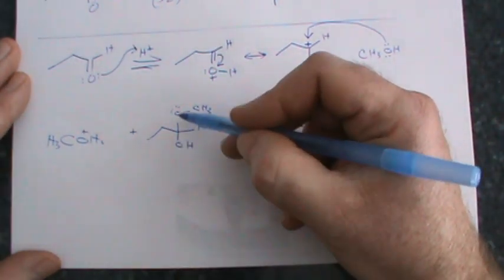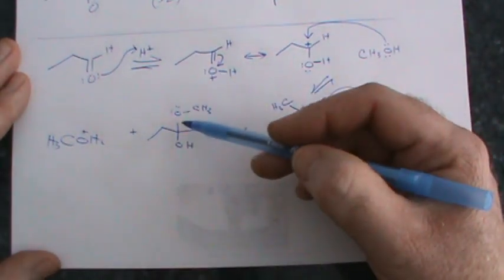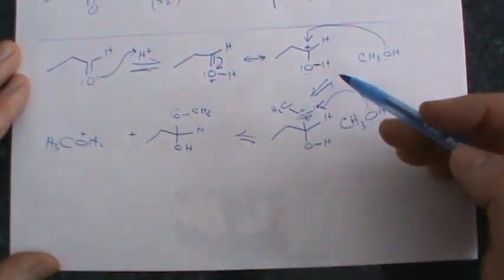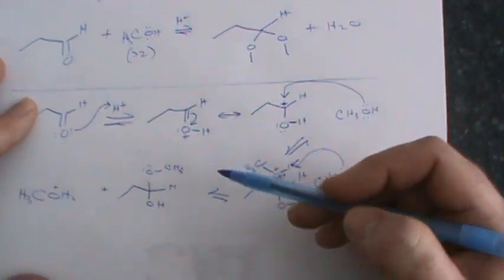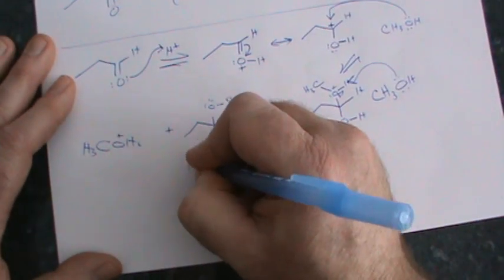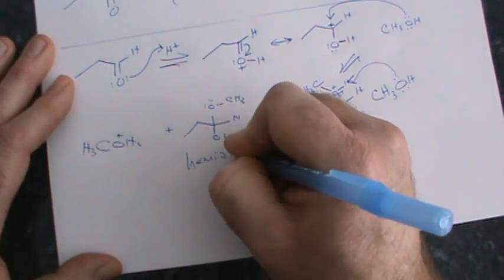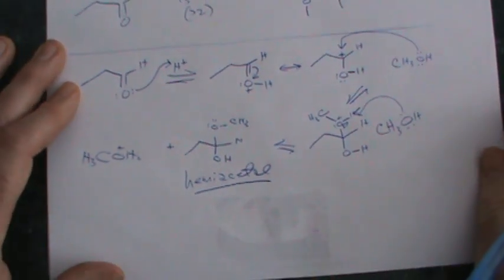This species is not a gem diol. You see it's an OH and an OR. And we refer to this species, it's sort of halfway between a gem diol and where we're headed, which is the acetal, where we have two OR groups. Right now we only have one OR group on board. We refer to this as a hemiacetal. It's like halfway to an acetal, but we're not quite there.